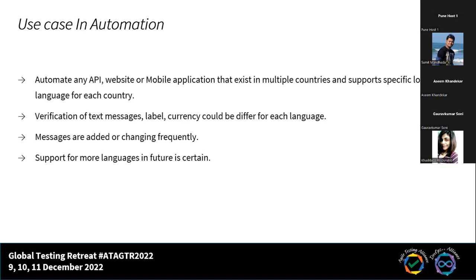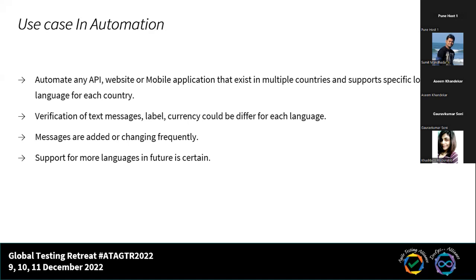We'll see how that is done. So when there is such a platform which we are supposed to automate, I think this resource bundle would help us to easily go through that problem.